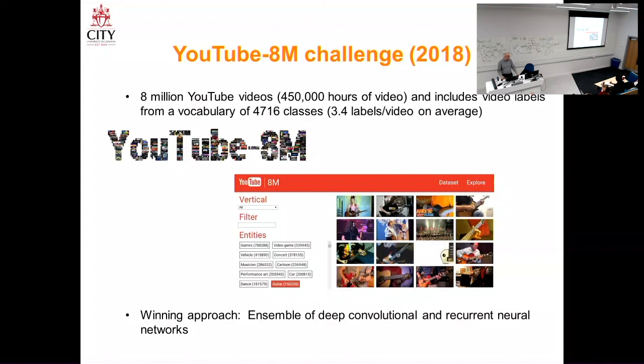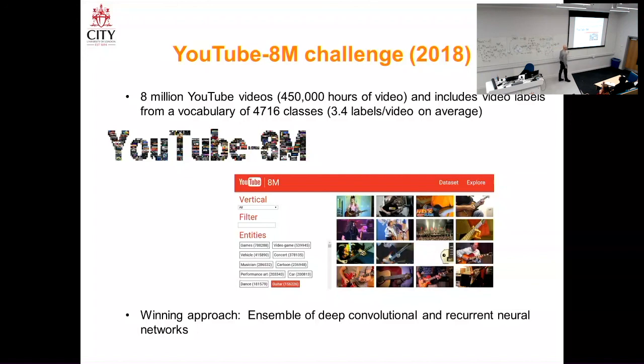So for example, here are videos of people playing guitar. If you're given a video sequence and you've got someone playing a guitar, you want to give it a guitar label. But maybe there are some other labels that you want to associate with it, like musician or other things. So every video can have multiple labels.